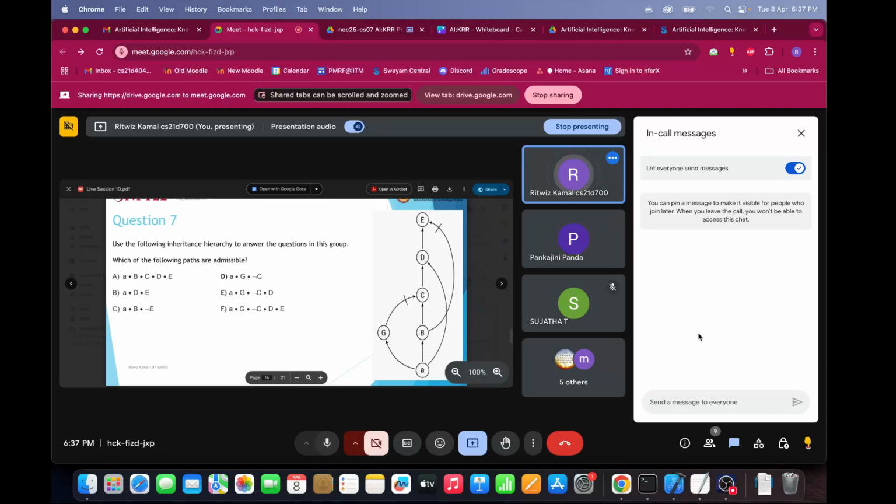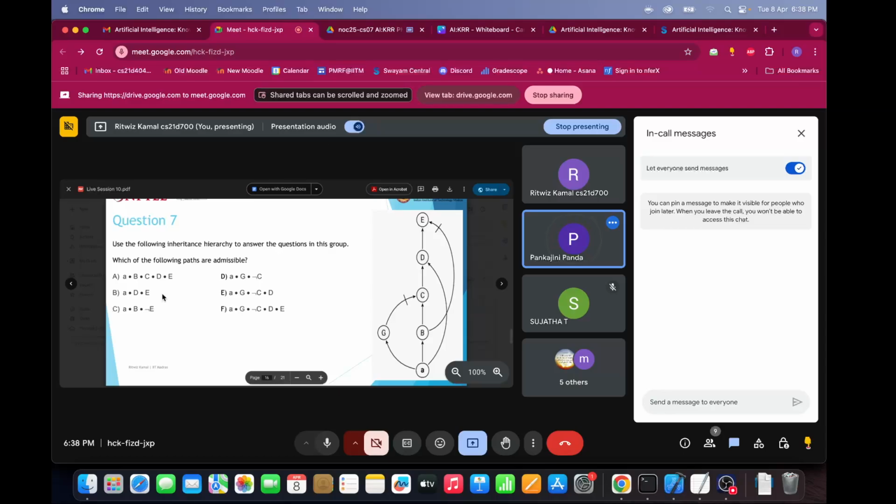So, in order for us to say that a particular edge is admissible, the subpath from the start node up to the previous node should not have any negative edges. In this path A to B to not E, the subpath is A to B. That is the only subpath available to us, and that is positive. Do you get my point?